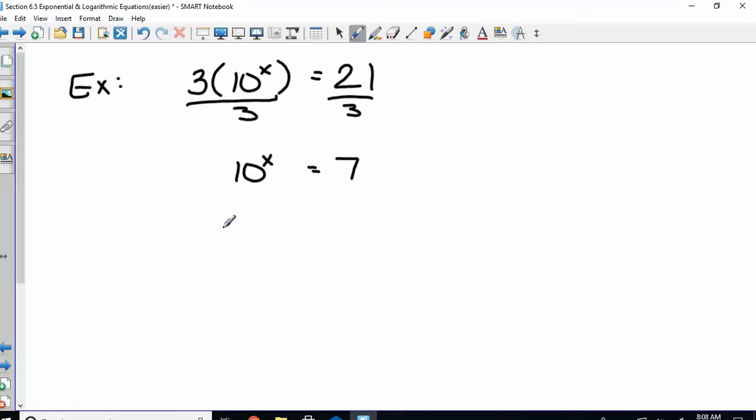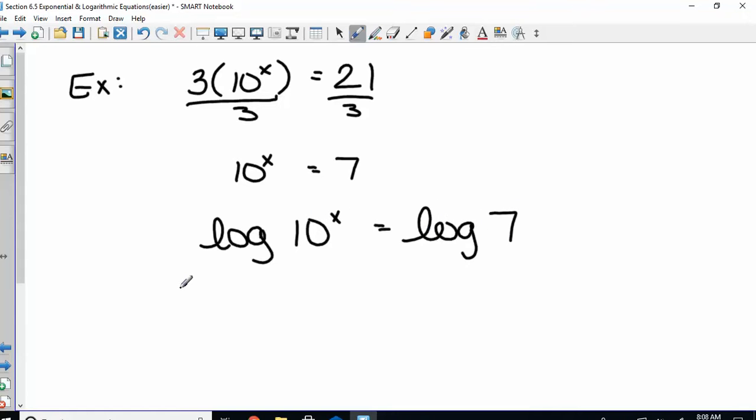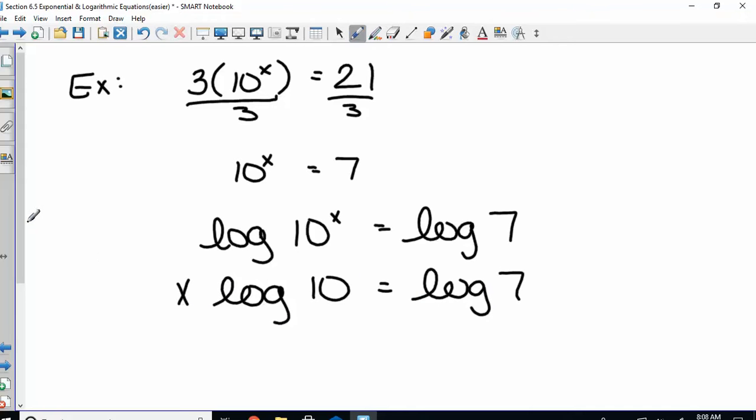The only time I typically use the ln is when it's an e, because the natural log of e cancels. So if I just add my regular log, the exponent comes down. There are two options here.